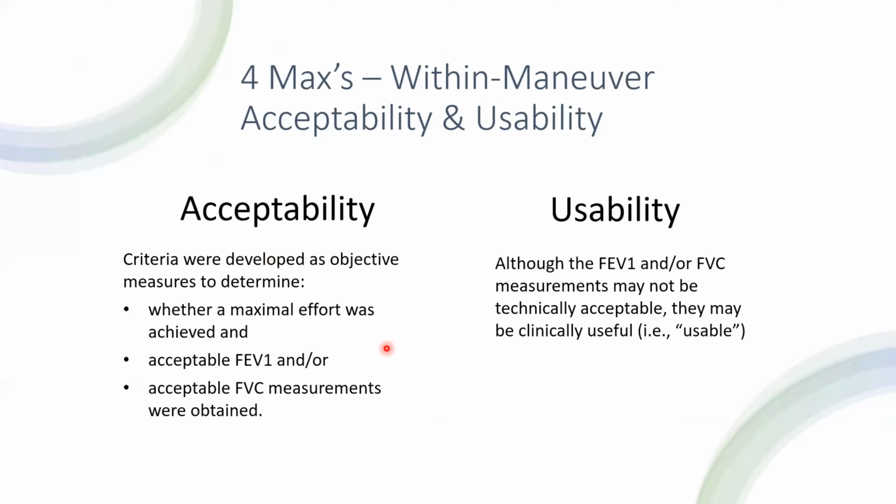The criteria were developed as objective measures to determine whether a maximal effort was achieved, whether you have an acceptable FEV1, and whether or not you have an acceptable FVC. Sometimes you can't get acceptables, and even though you may not get an acceptable FEV1 or FVC measurement, they might still be clinically useful, hence the term usable.